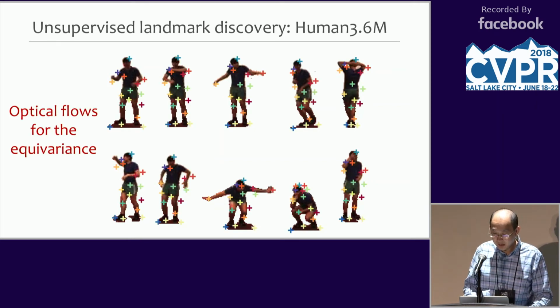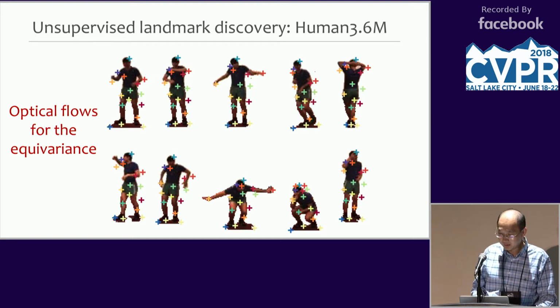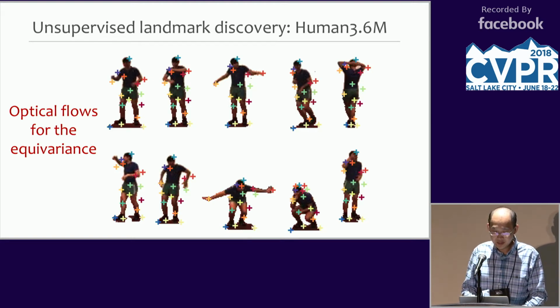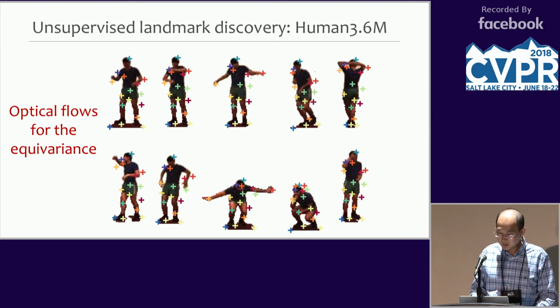The human dataset has data in video format, so we use optical flow as additional self-supervision for the equivariance. The unsupervised structure discovery of complex objects like human bodies is very challenging, but our model can still get reasonable landmarks.